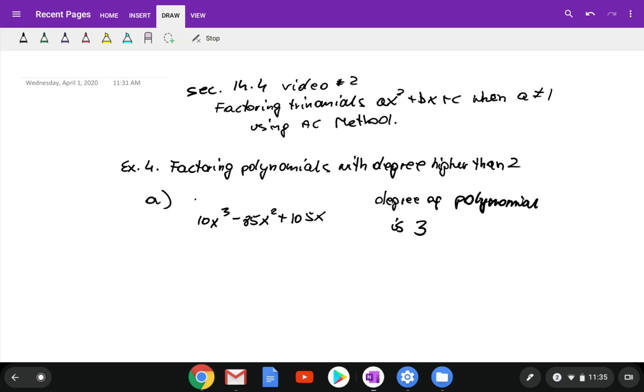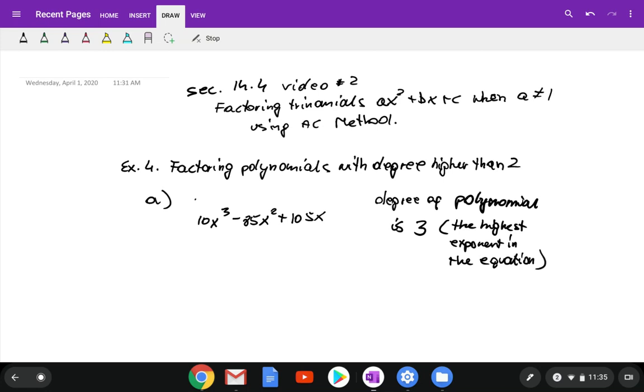So this is the highest exponent in the equation. So that's what is the degree of polynomial.